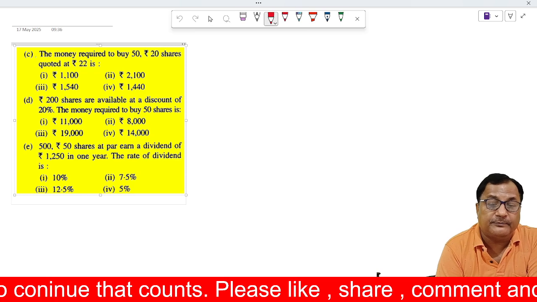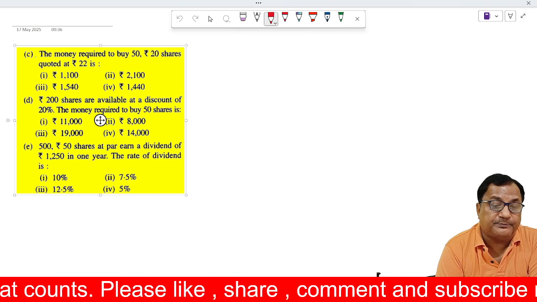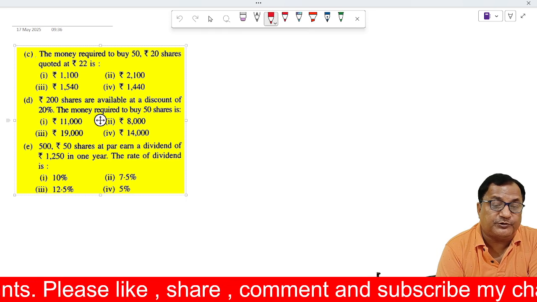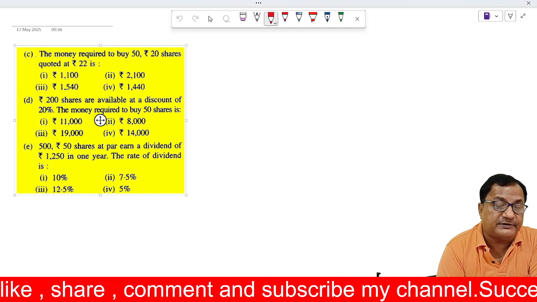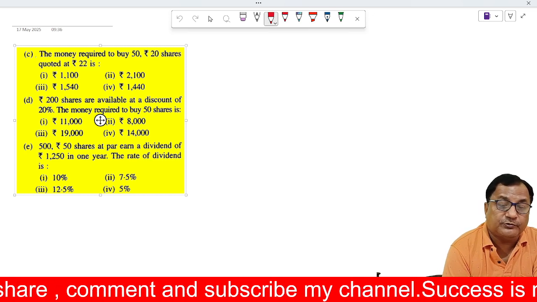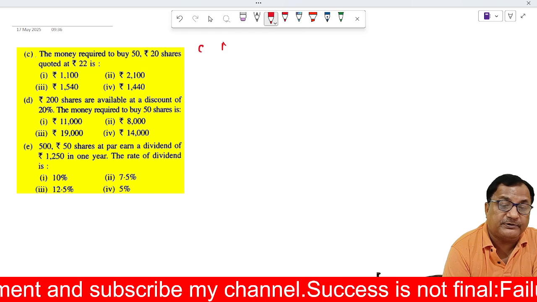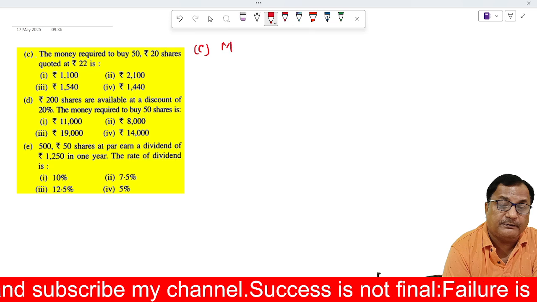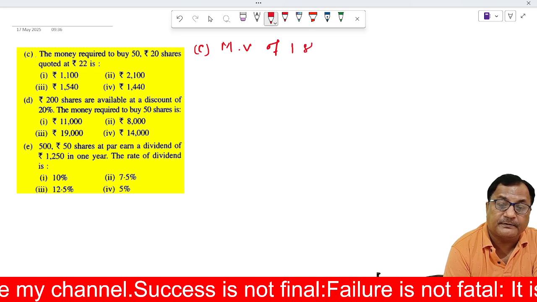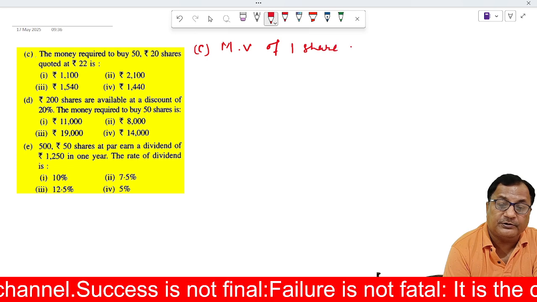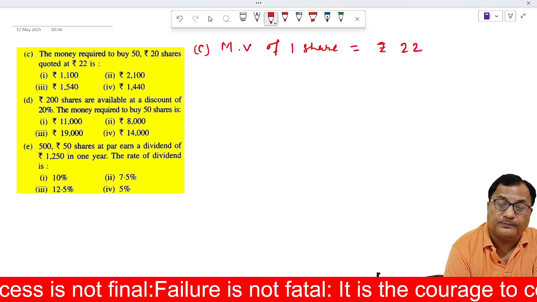Question number 1. The money required to buy 50 shares of rupees 20 quoted at rupees 22. So, market value, question number C, market value of one share is equal to rupees 22.